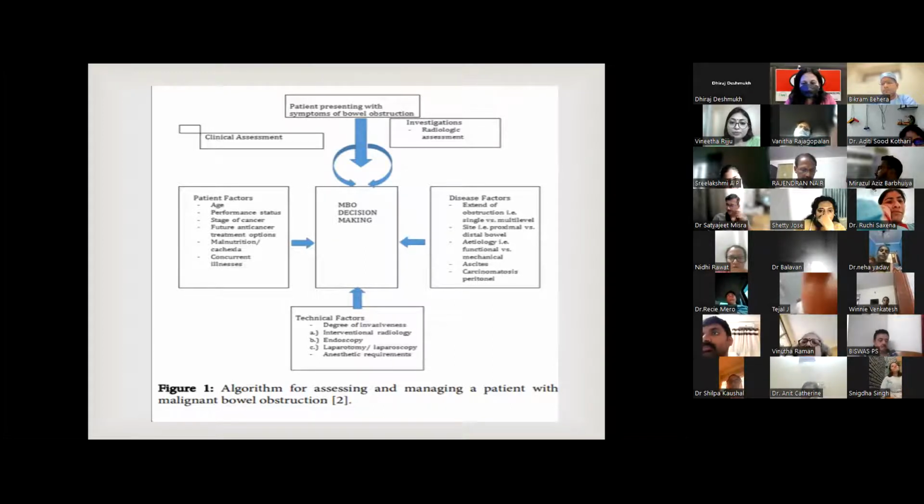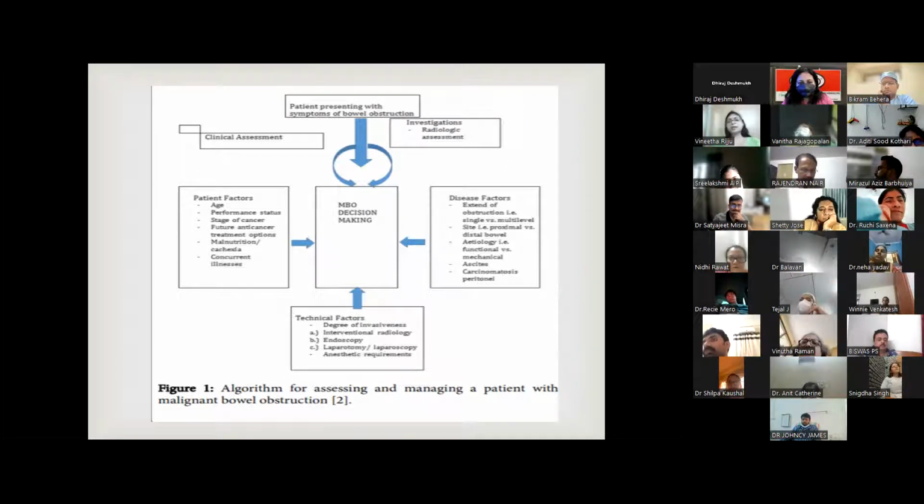The other technical factors, the degree of invasiveness, you can assess by radiology, endoscopy, laparotomy or laparoscopy, right? So this is basically a flow chart that should run through your mind when you are planning management for a patient who comes to you with features of bowel obstruction.